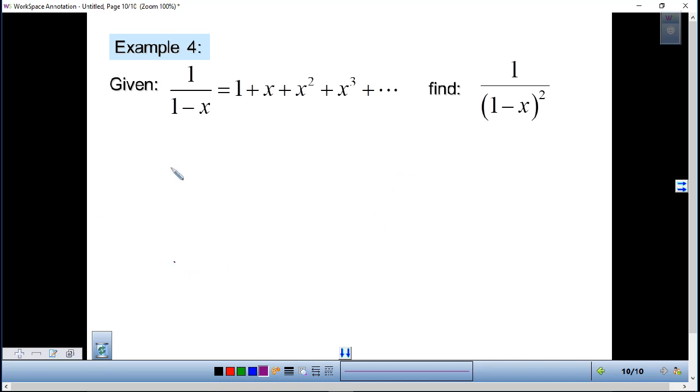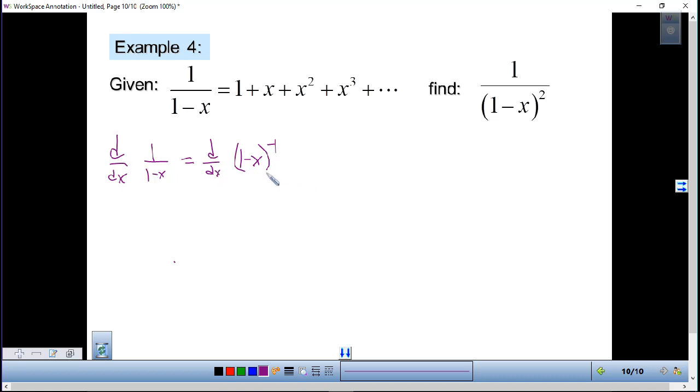Well, here's the thing. If we were to take the derivative of this, what happens? We take d dx of 1 over 1 minus x, and we could do some u substitution here, but the big thing is we want to think of this as 1 minus x to the negative 1.